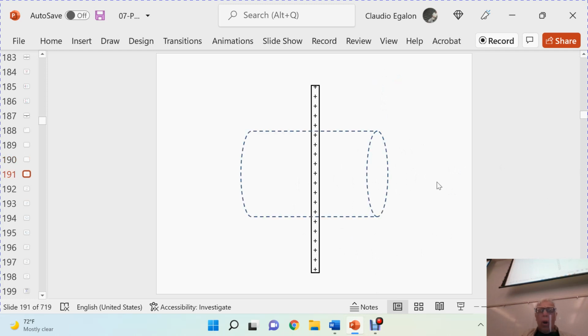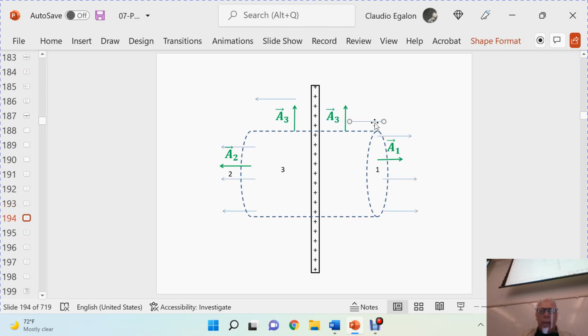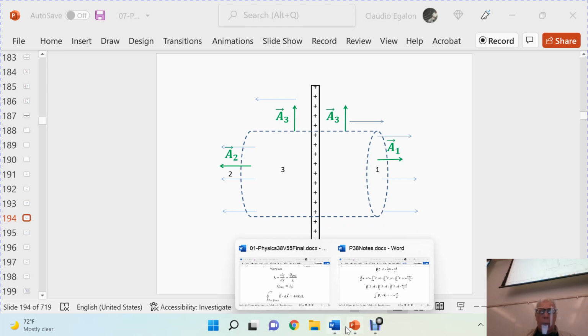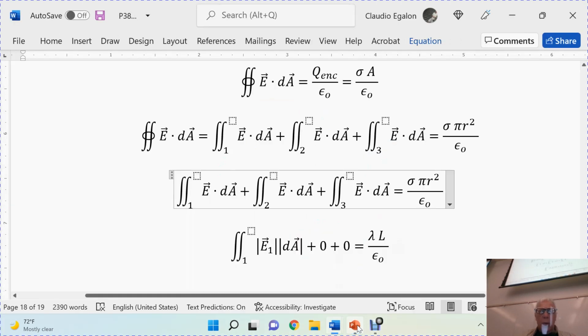So, because of this rather simple analysis, we can say that the electric field here at cap 1 is parallel to the area vector A1. And same thing for the cap number 2. Okay, so for surfaces 1 and 2, that integral becomes simpler.